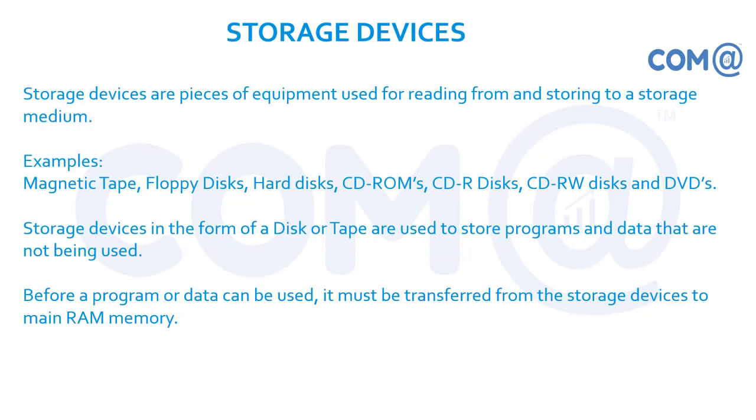So you can use a storage device for moving the data from the hard disk to the pen drive and carry it over to other places to ensure that the data is available. Before a program or data can be used, it must be transferred from the storage device to the main RAM memory. So any program you are running will be moved to the RAM first, and only then to the particular devices.